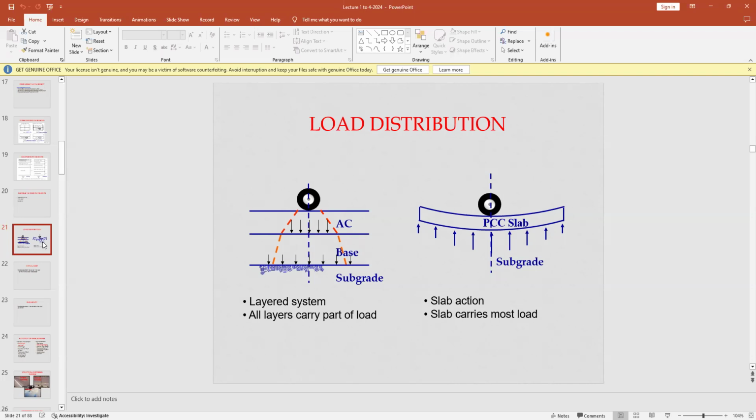Though we need an aggregate base, its function is to act as the supporting layer, but not the load taking layer. So this is the first. There is a trapezoidal behavior in flexible pavement, while there is a beam behavior or slab behavior in the rigid pavement. So this is one way to differentiate as per the load carried.